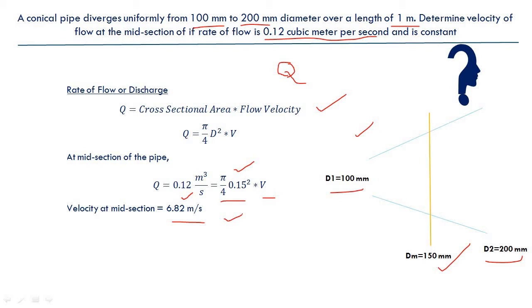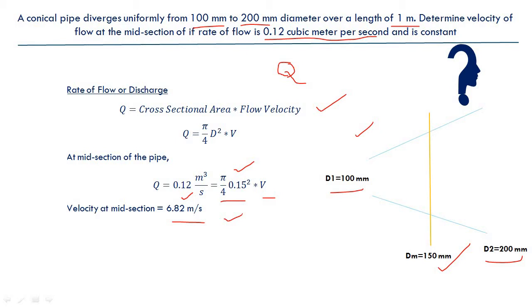That is a basic equation which can be used for estimating velocity at any interval, at any section, provided the discharge remains the same. So also when the area increases, from the equation Q equal to area into velocity, if the discharge is constant, if the area increases, definitely velocity reduces. So that is what is happening in a diffuser.